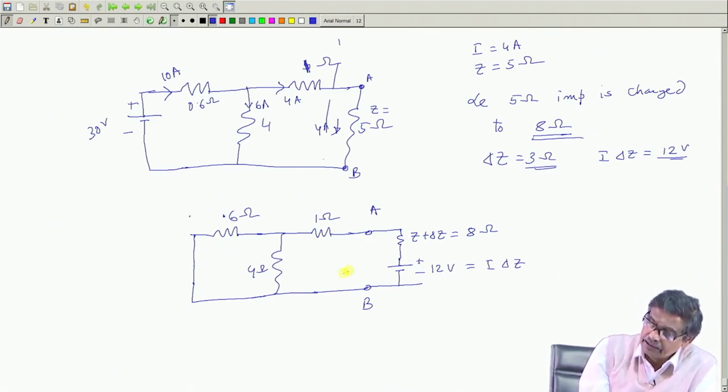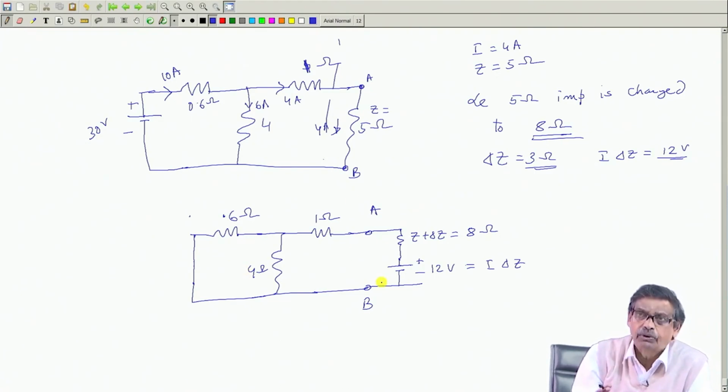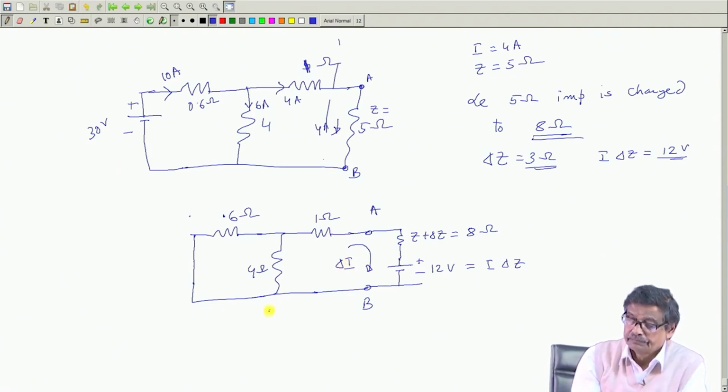Can it be easily solved? Anyway, what I am trying to point out is that it is a very simple circuit with a single source. So calculate this current, delta I, in this direction. Let it come positive or negative, I do not mind, it might come negative in this case.